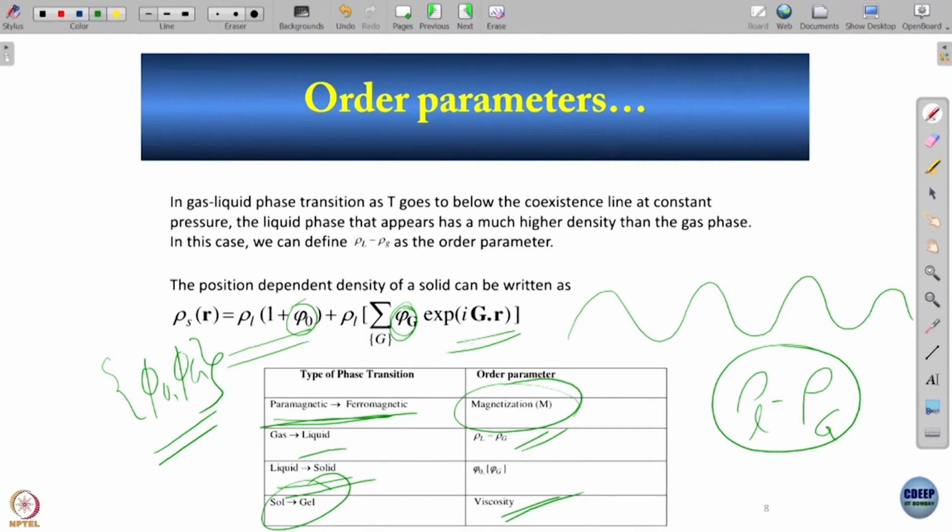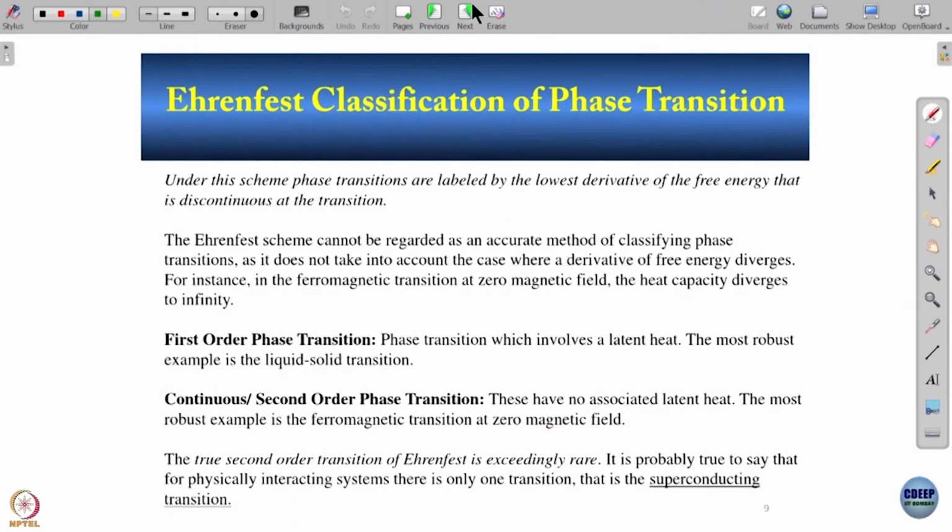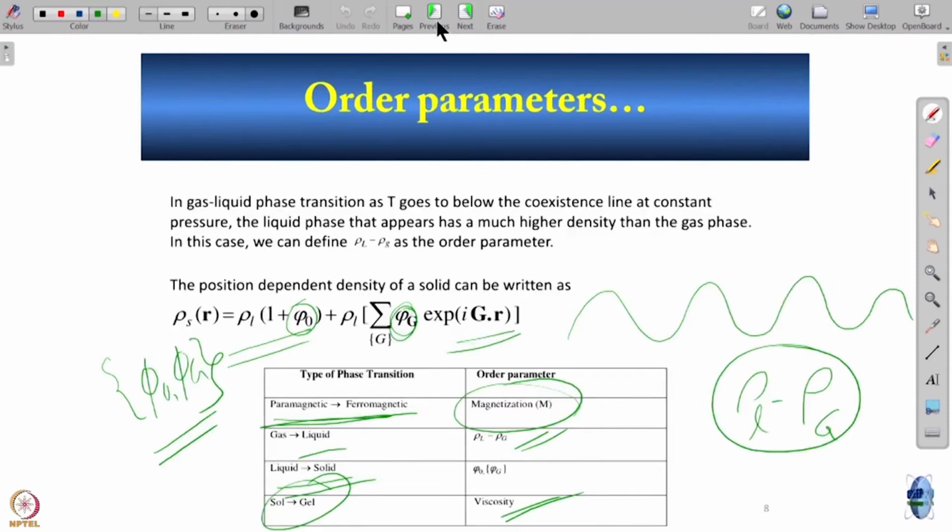This was Landau's definition. Now, why did Landau define it? Landau defined it because he had in mind to describe a phase transition. So, Landau was looking for a quantity. See, in physics, when you want to describe a change, we want to quantify the change. Why?